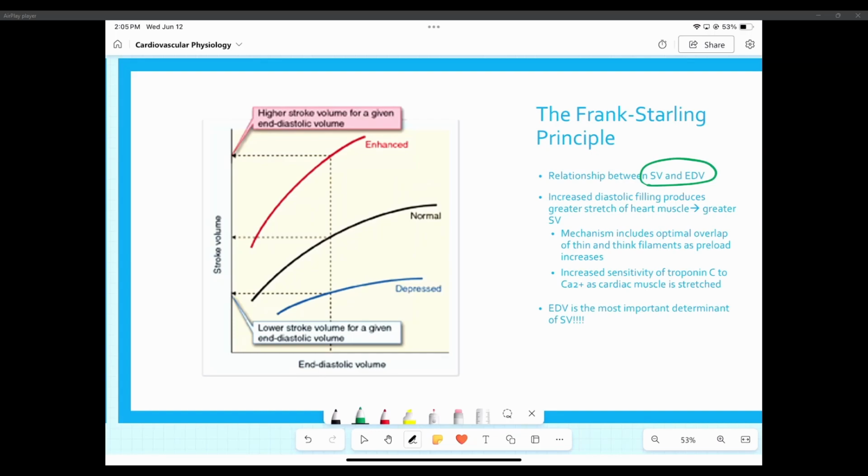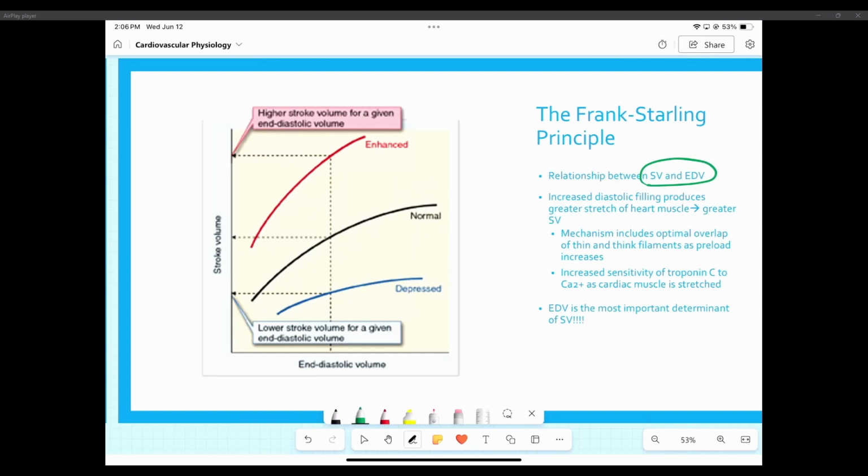The great thing about our hearts is that the more calcium that's in there, the bigger the contraction is going to be. As the heart stretches, because more blood's going into it, more calcium comes out to have a bigger contraction to get all that extra blood out.